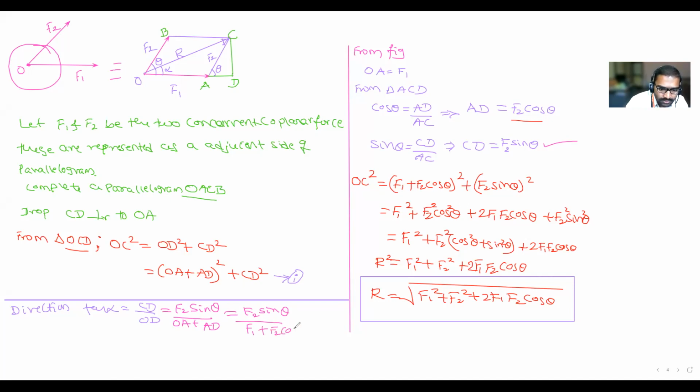Now I will transfer the tan to this side: alpha is equal to tan inverse of F2 sin theta divided by F1 plus F2 cos theta. Okay, this is how you have to derive.